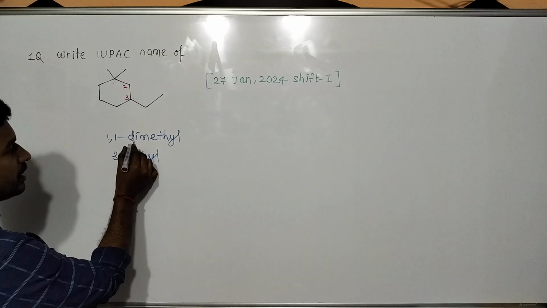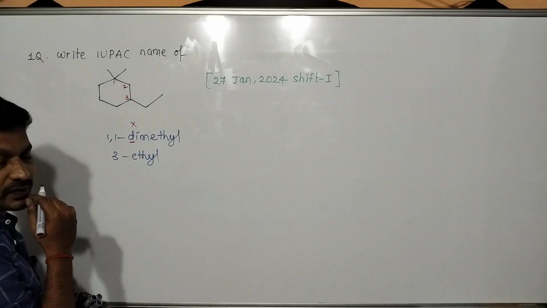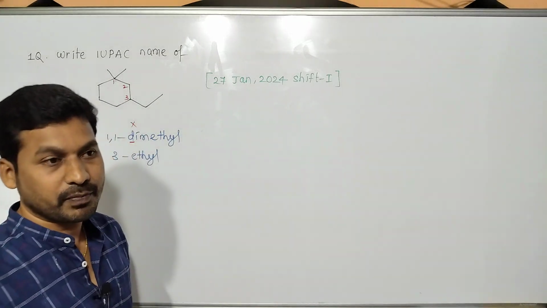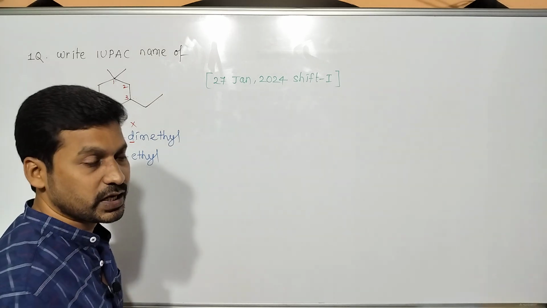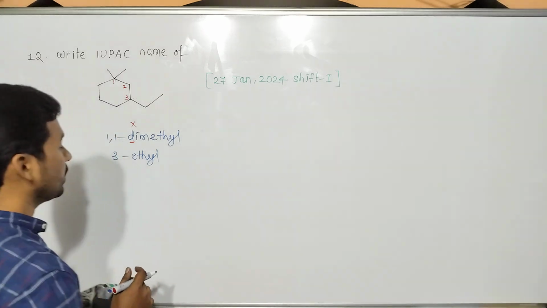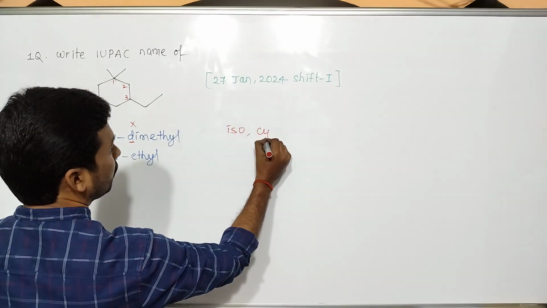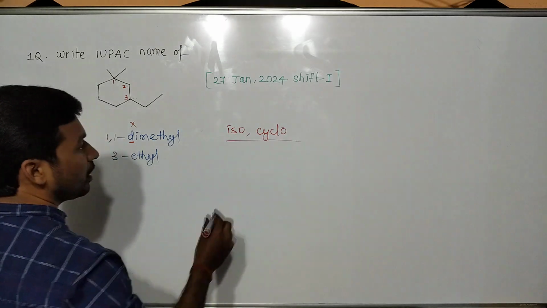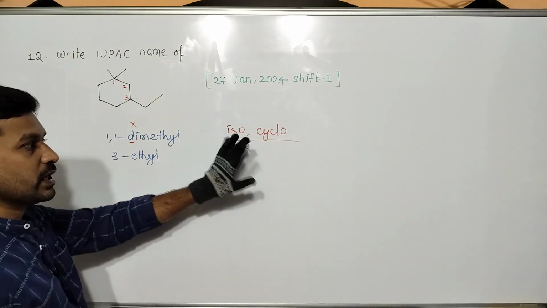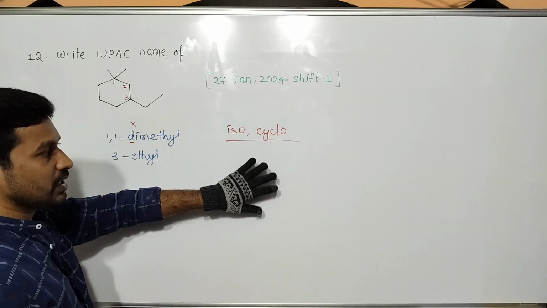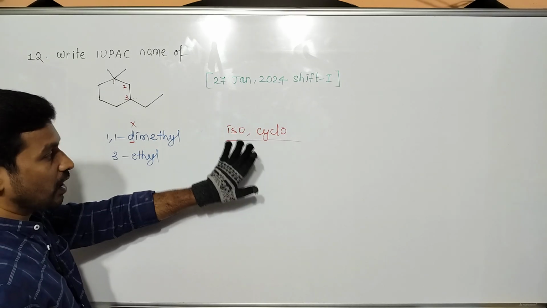So this is D, but do not consider D. Di, tri, tetra, penta, and tertiary, secondary will not be considered. Only iso and cyclo are considered in alphabetical order. Secondary, tertiary, di, tri, tetra are not considerable.